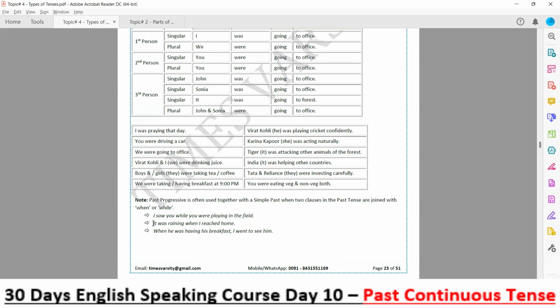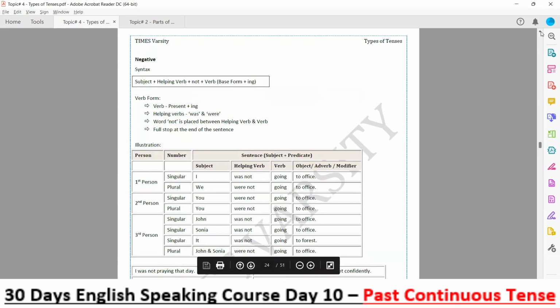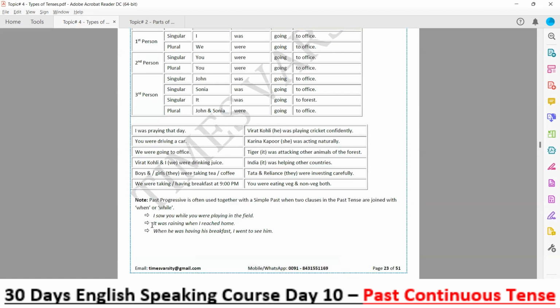Then similarly, it was raining when I reached home. So the first part is in past continuous. Then I reached home is past indefinite or simple one. Yes, anyone for this? Please read out this sentence and then translate. It was raining when I reached home. मैं जब घर पहुंचा बारिश हो रही थी.